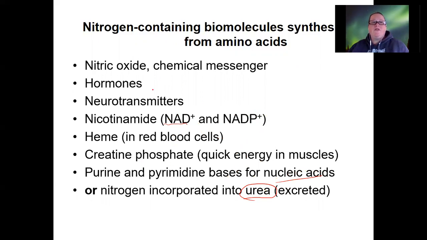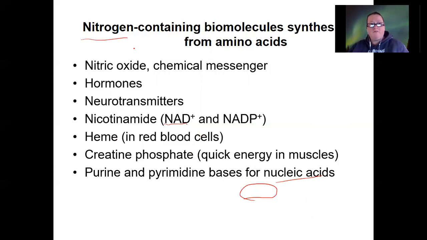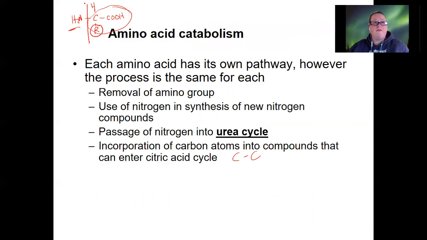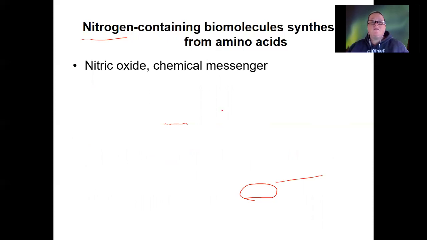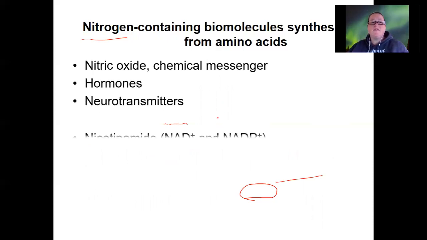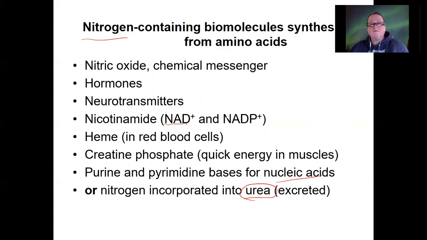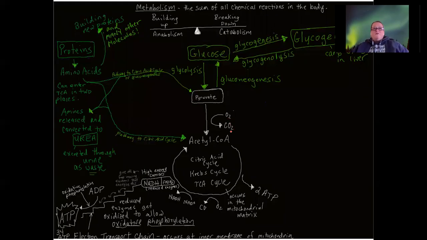I won't make you remember this. I just want you to remember that the nitrogen that gets stripped off of the amino acid has a lot of different possibilities for where it ends up, including waste. So this just summarizes the pathways.